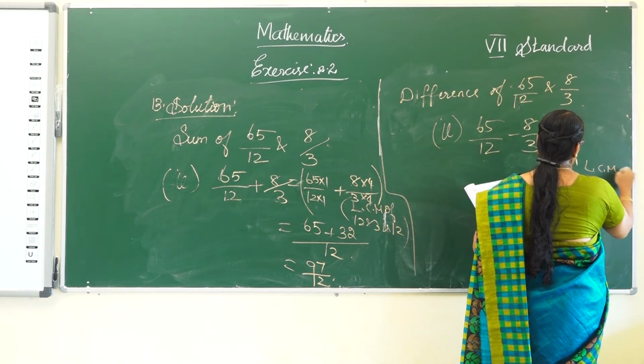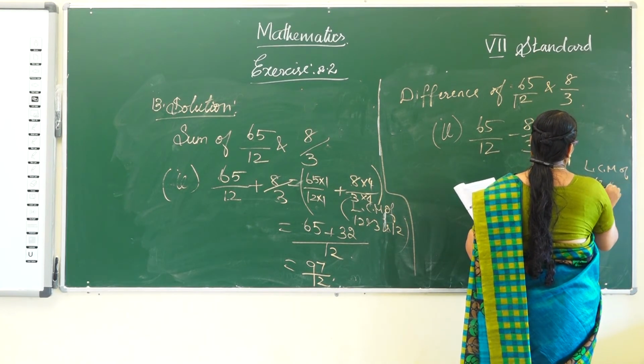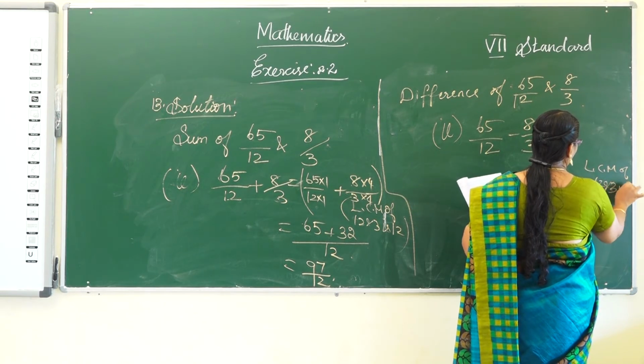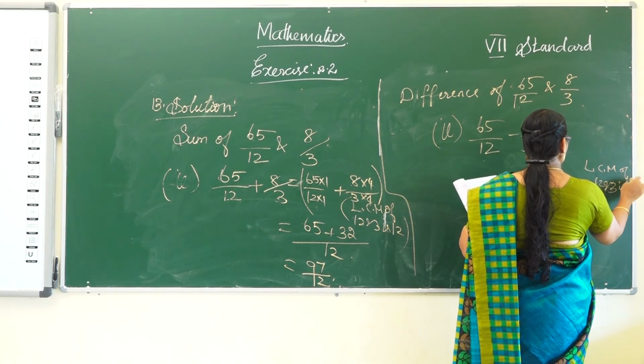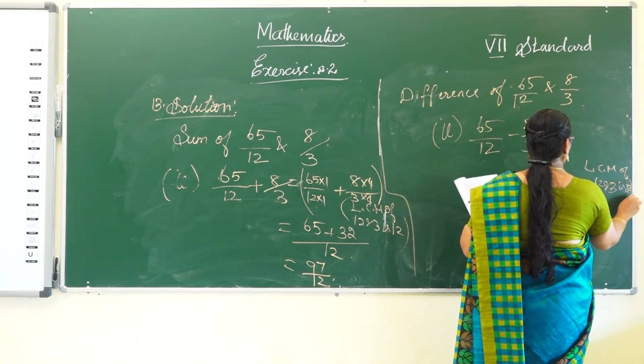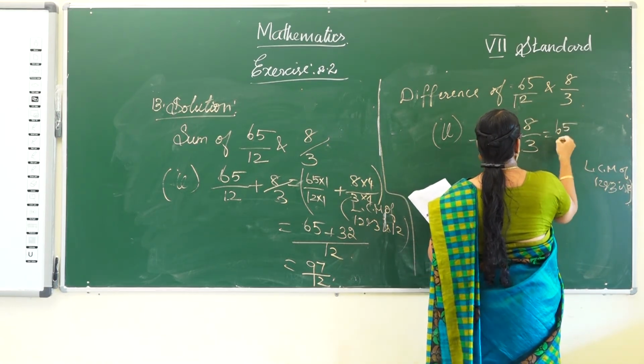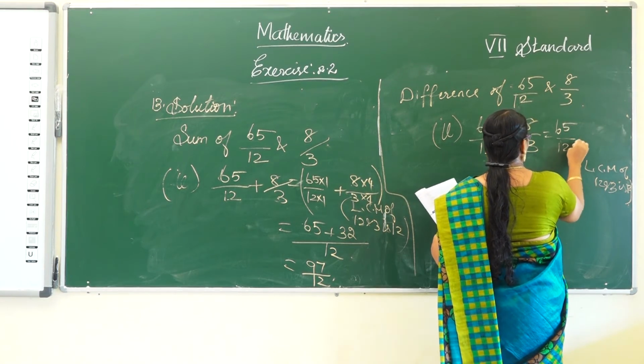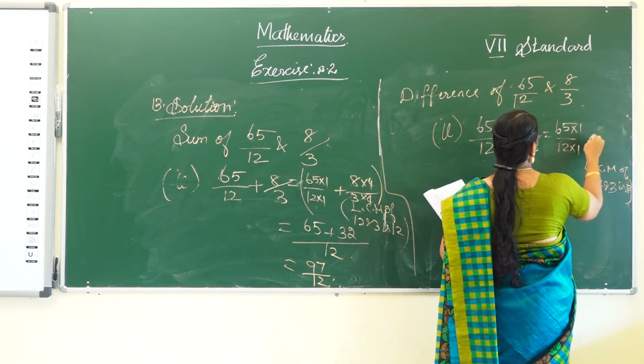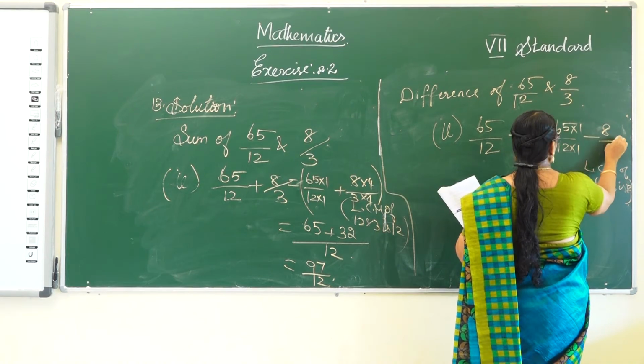LCM of 12 and 3 is 12. Okay, so 65 by 12, the same one, numerator and denominator multiplied by 1, minus 8 divided by 3.